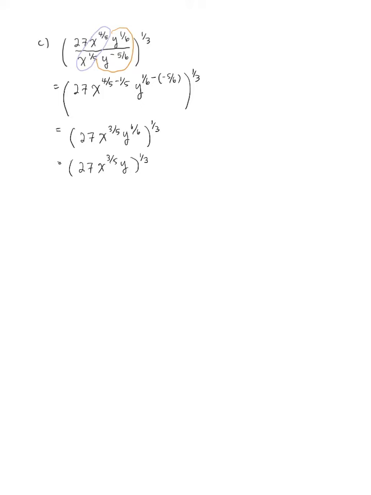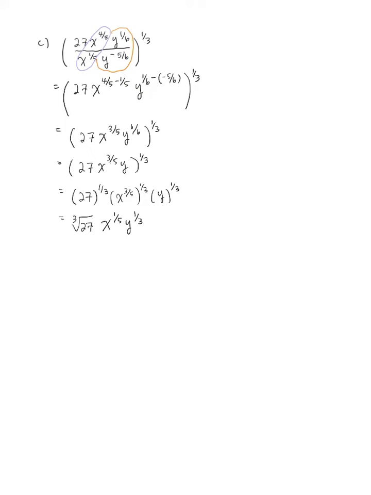All right, next step, distribute that exponent. So we're going to have 27 to the 1/3, x to the 3/5 to the 1/3, and then y to the 1/3. Okay, so now we got cube root of 27, and here you can cancel out the 3's from the denominator and the numerator, so here you're going to have 1/5, and then y to the 1/3.